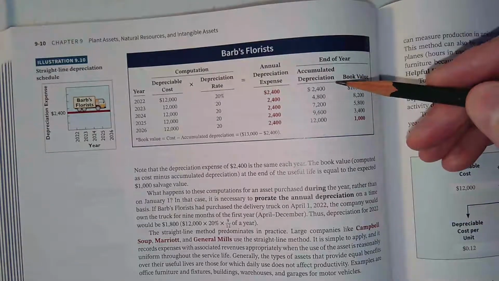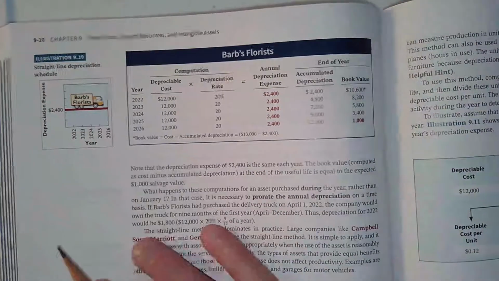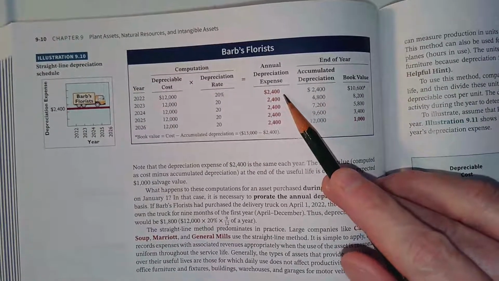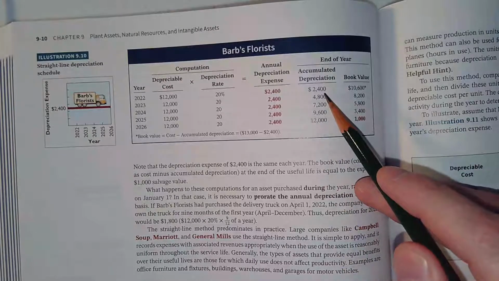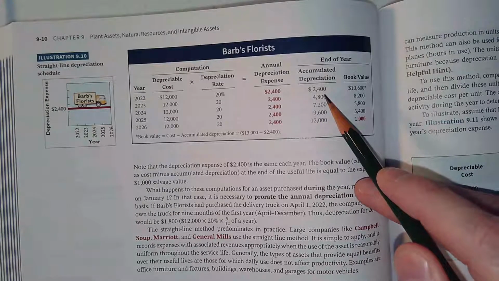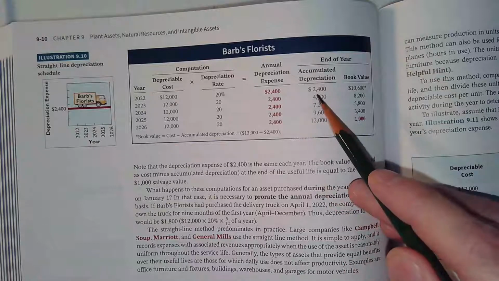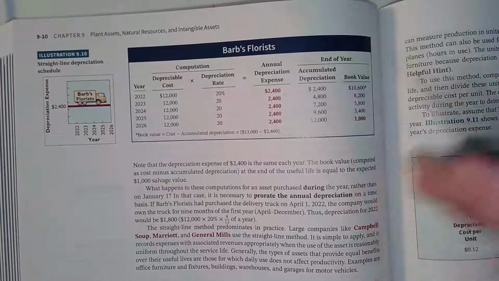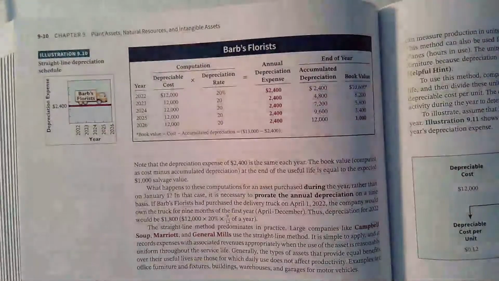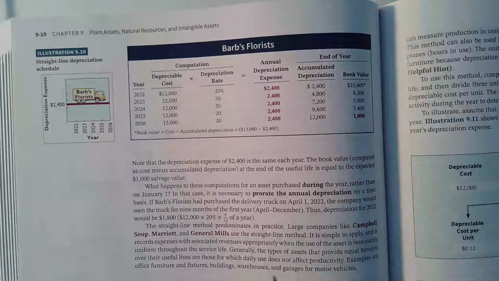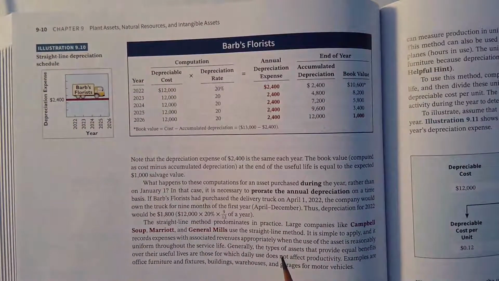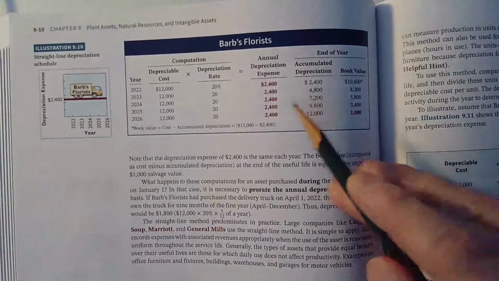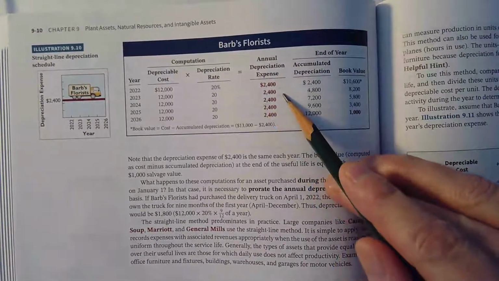What this accumulated depreciation column is: accumulated depreciation in the first year is always going to be the same as what you have here. Accumulated depreciation is all the depreciation you recognized up to this point, right? So in the first year, these numbers are going to be the same, but in the second year, it jumps up to 4,800. The reason is that you had 2,400 the year before, and now you put another 2,400 in the second year.